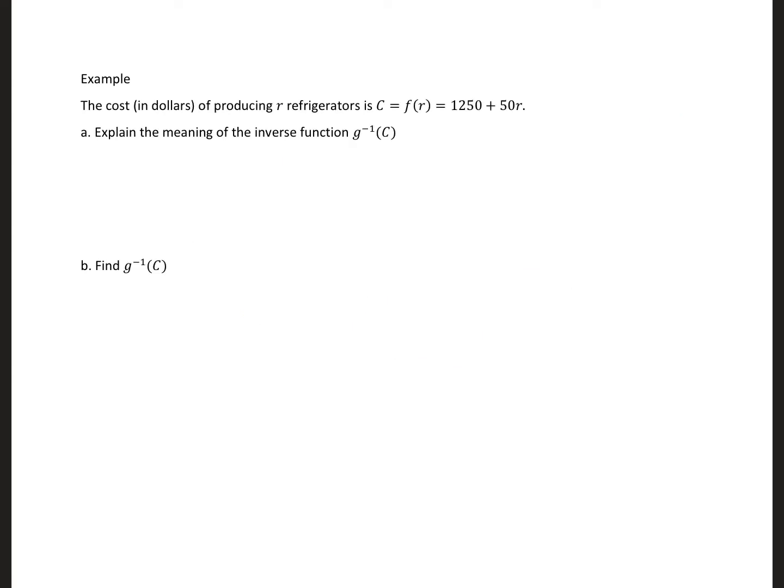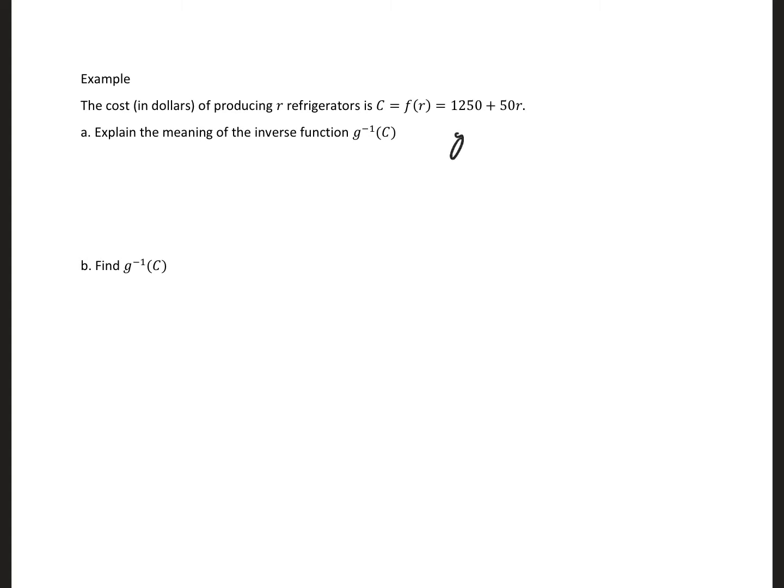So let's take those two ideas and put them together and see exactly how they're related. So the cost in dollars of producing our refrigerators is C equals some function of the number of refrigerators equals 1,250 plus 50R. So in the original function, we're getting the cost for a given number of refrigerators.